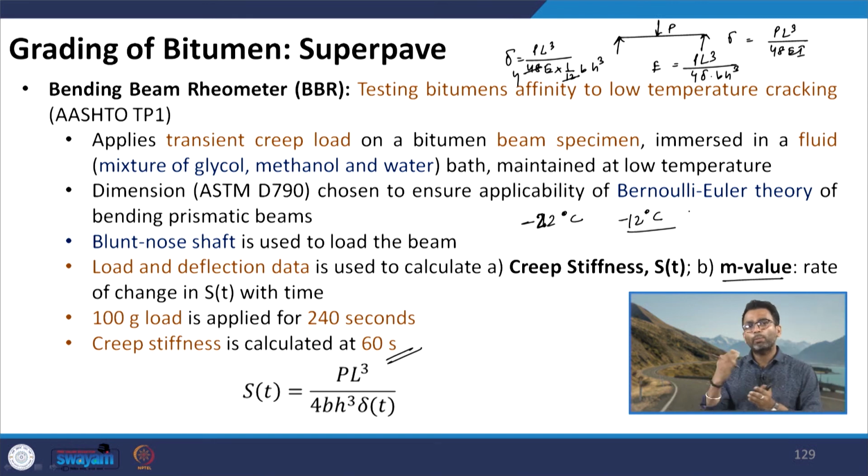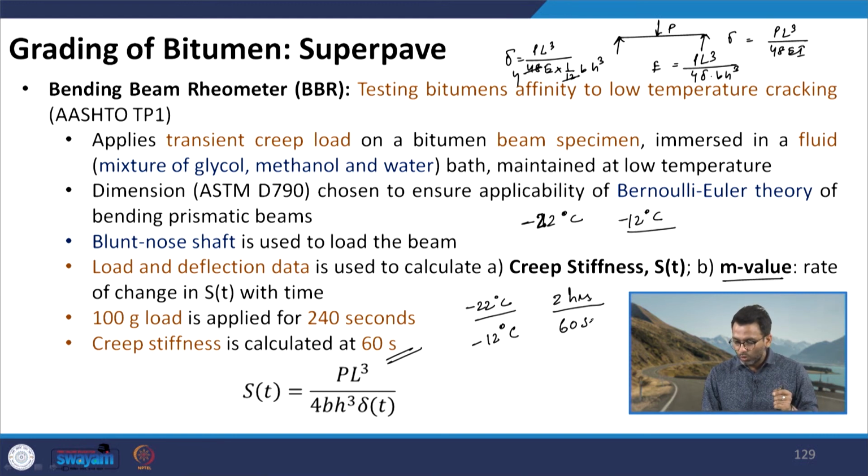So how is time temperature superposition used? You are interested in minus 22 degrees Celsius and in the value after 2 hours. If you want to get the response at a lower loading time, then of course you have to increase the temperature, which means the response of a viscoelastic material at low temperature and higher loading time is equal to the stiffness of the viscoelastic material at higher temperature and lower loading time.